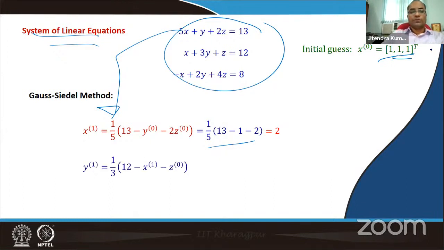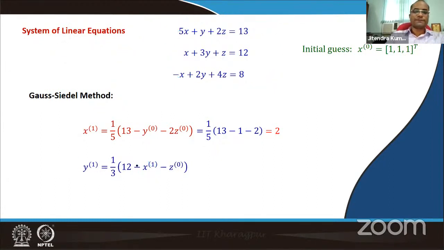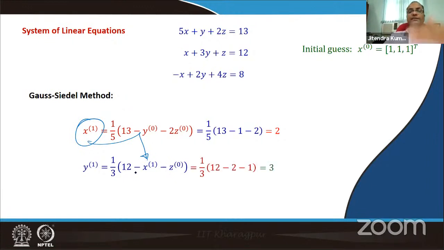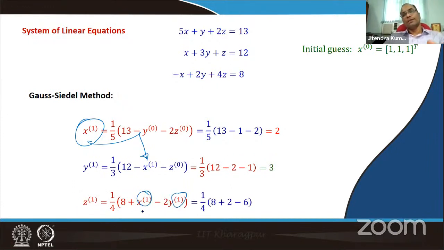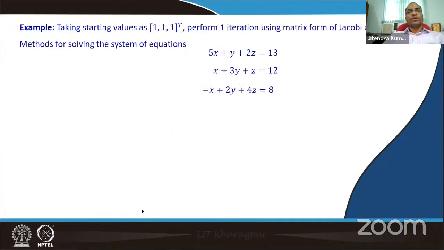But when you use the second equation, in the Jacobi method this x was used from the 0th iteration. Now we have this x1 available, so why don't we use it here? This is the idea of the Gauss-Seidel method, and then we get a new value. Similarly for z, x is already there and y is already available, so we use those values and get the new value.